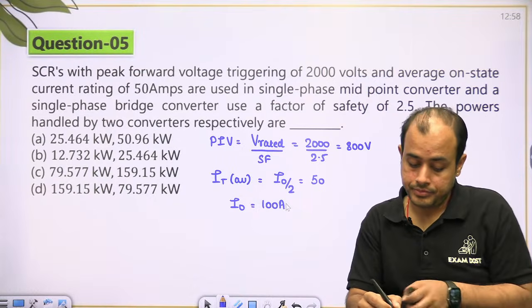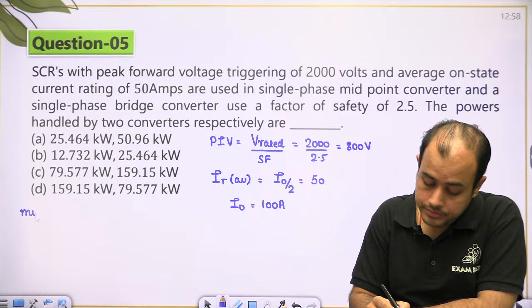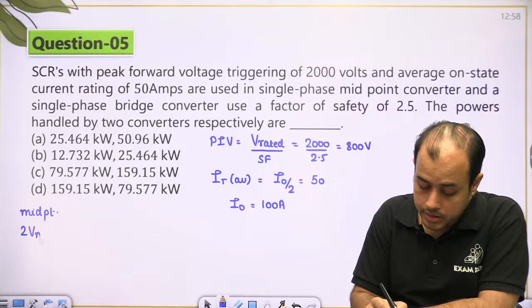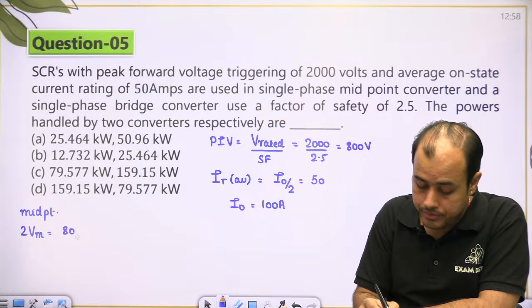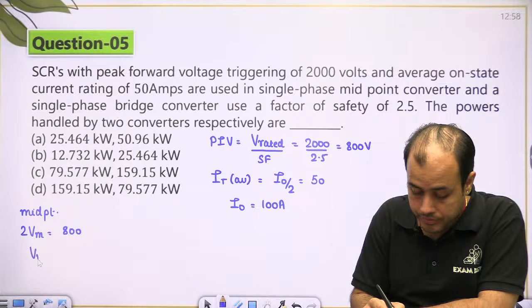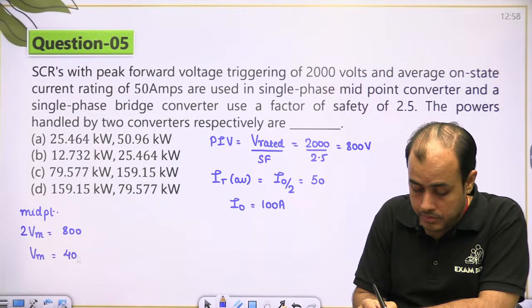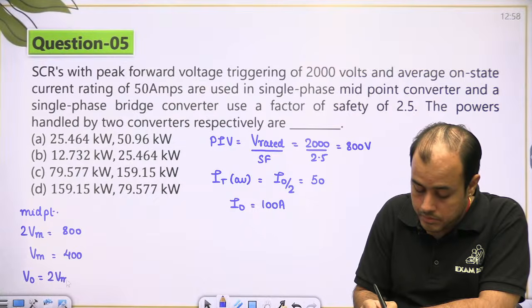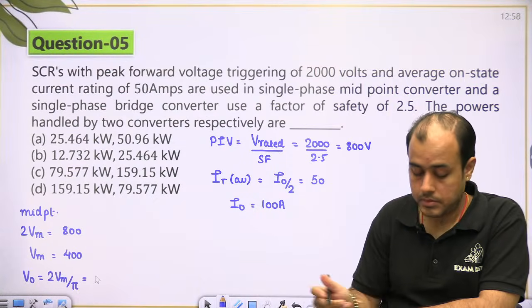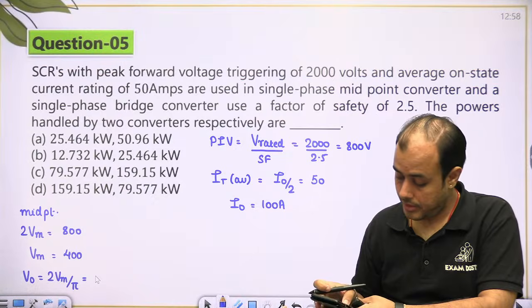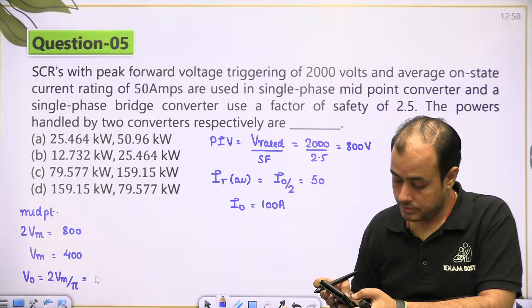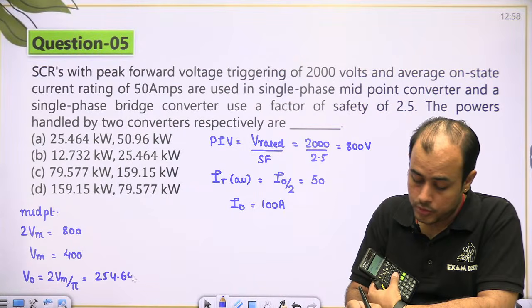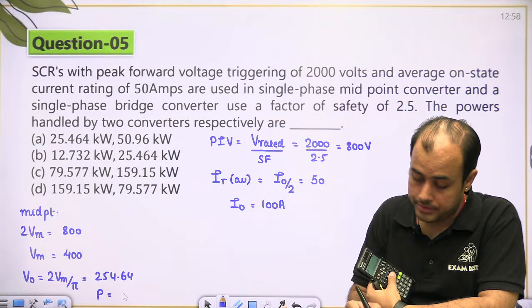Okay. For midpoint, PIV is 2 Vm. To 54.64 power.